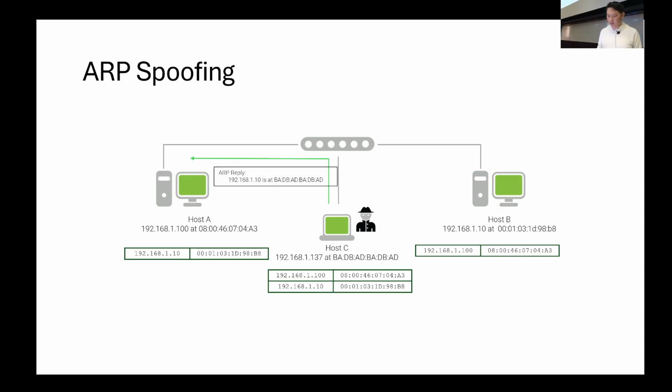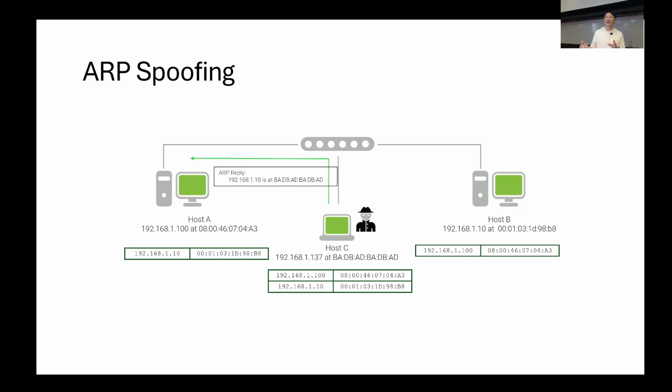So to host A, it sends this packet: hey, the IP 10 is at MAC address A0. I just named the last hex digit. This updates the ARP cache of host A.